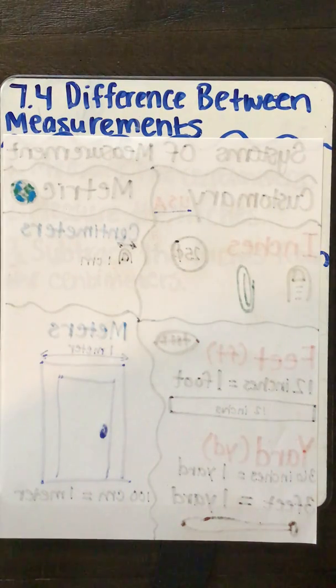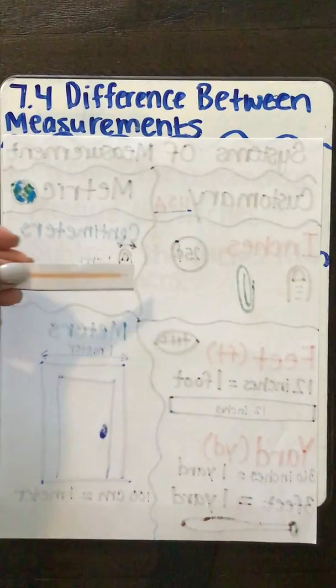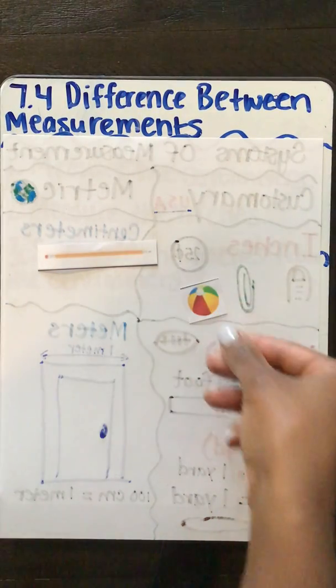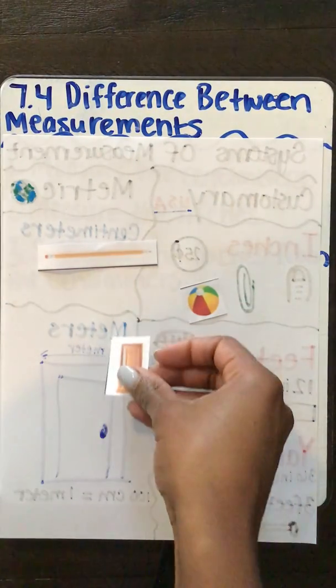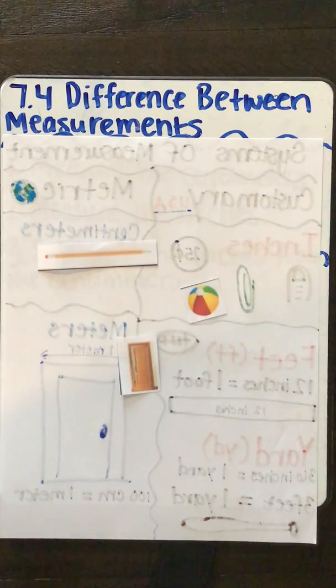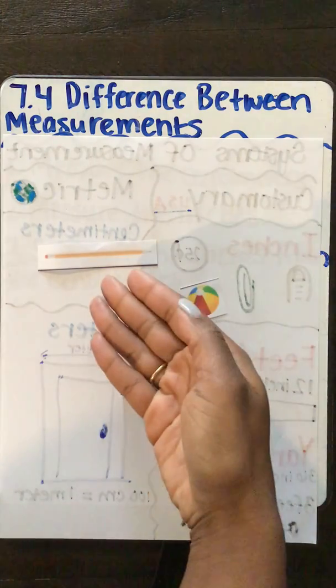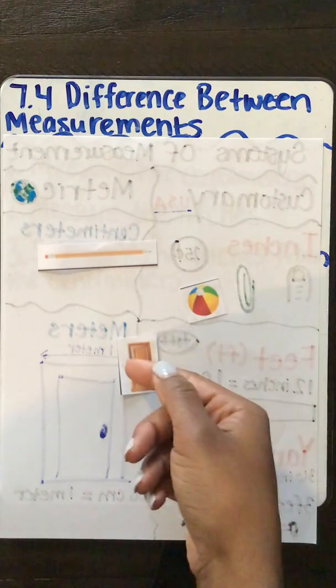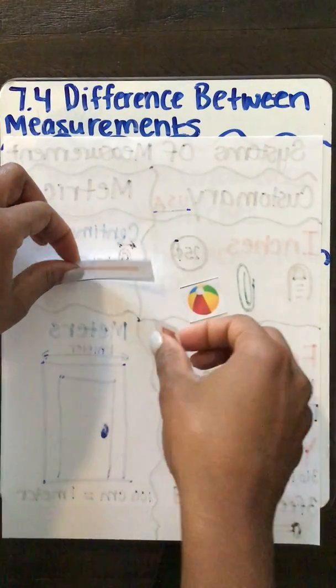If you had a pencil, a beach ball, and a door, would you measure all 3 of those things using the same unit of measurement? Of course not. It doesn't make sense to measure a pencil with the same unit of measurement that you would use for a beach ball or for a door, or vice versa.